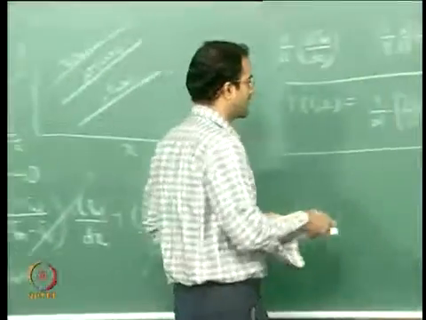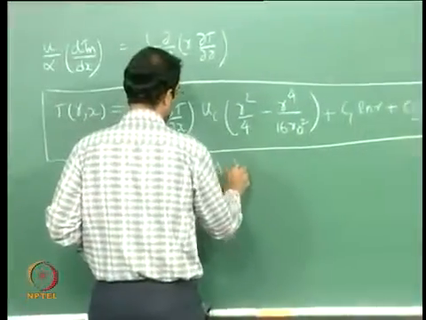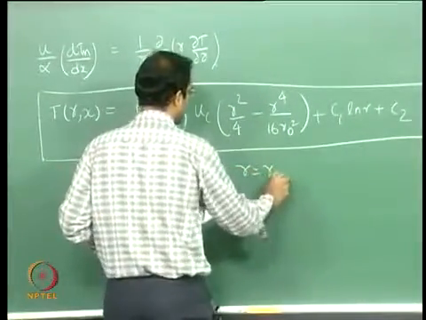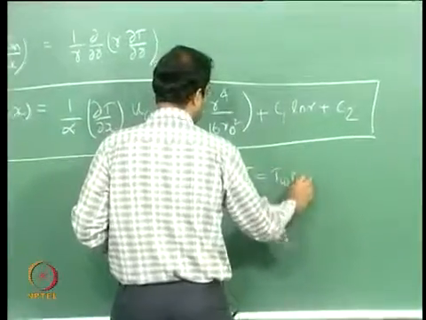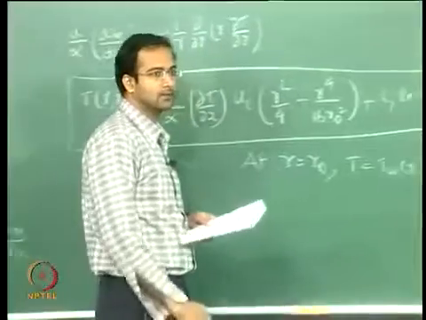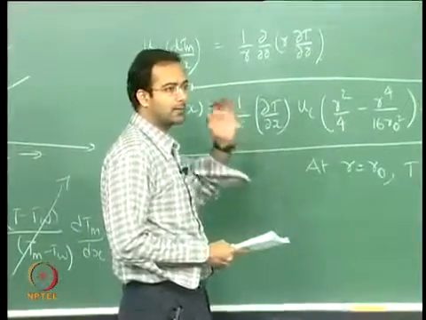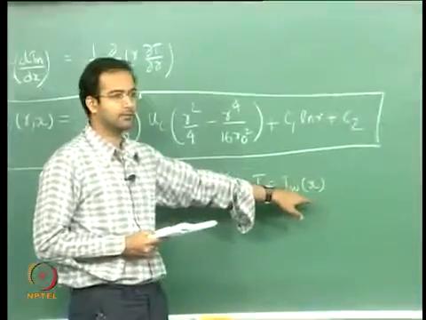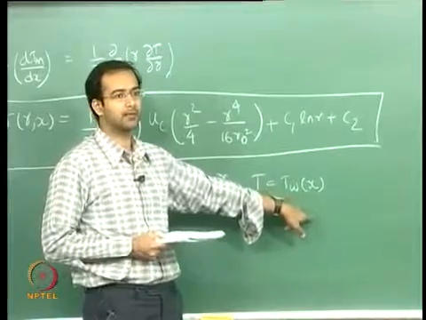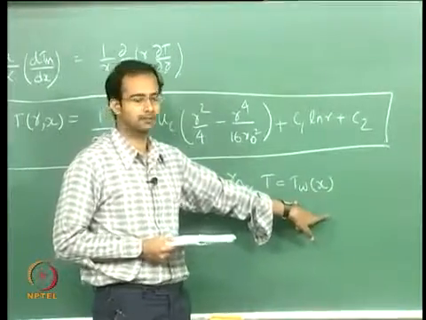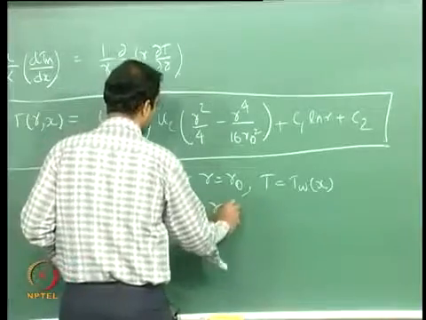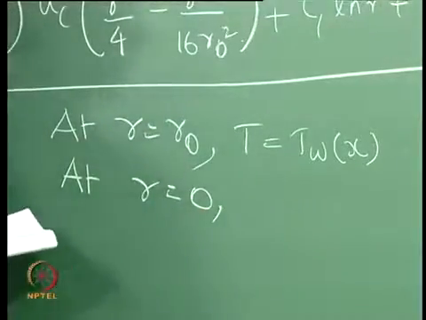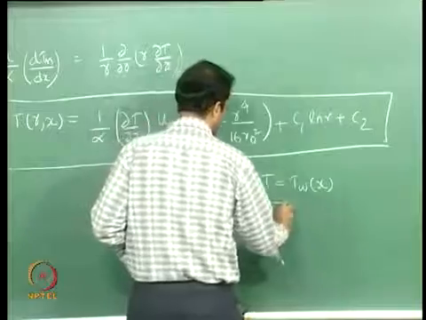So at r equal to r naught, let us say the temperature is equal to some T wall, of course, which is a function of x. Okay. So if you want to apply at a particular axial location, so that there is a particular wall temperature which is a boundary condition, and at r equal to 0 the temperature has to be finite.